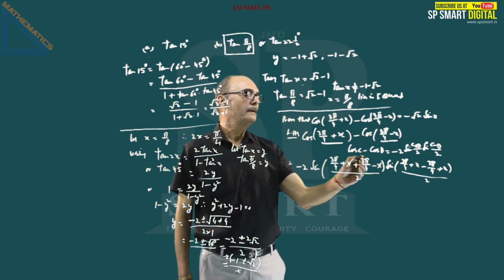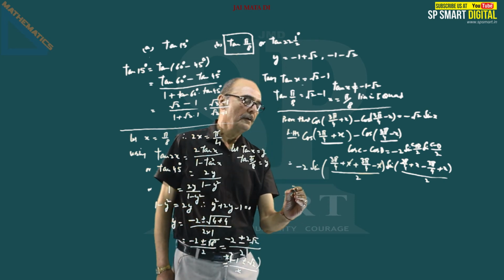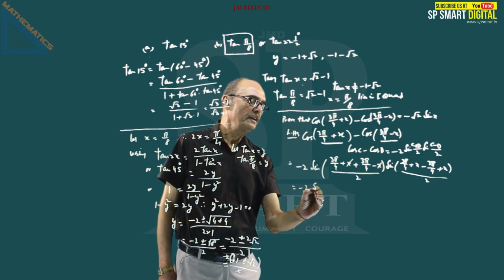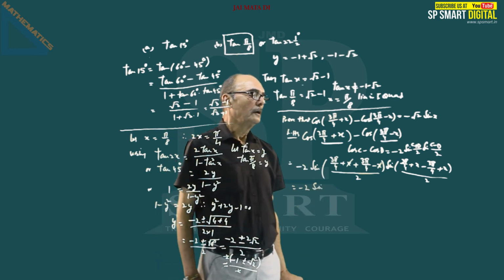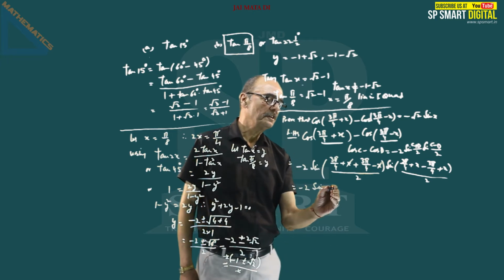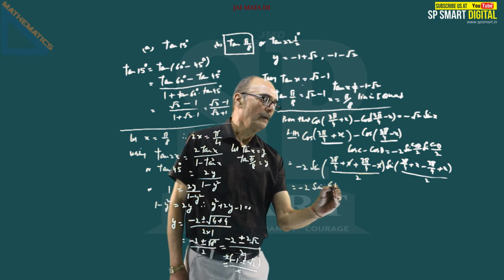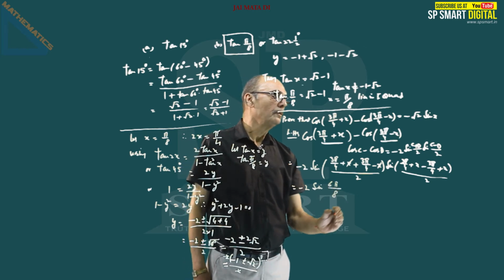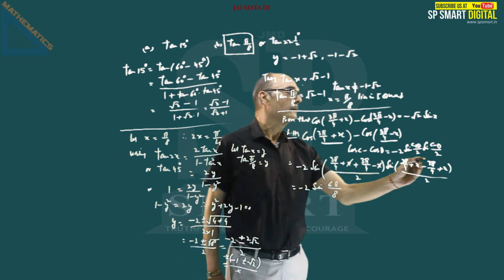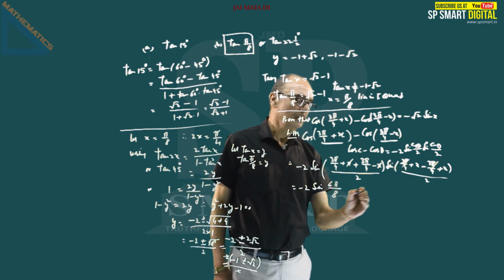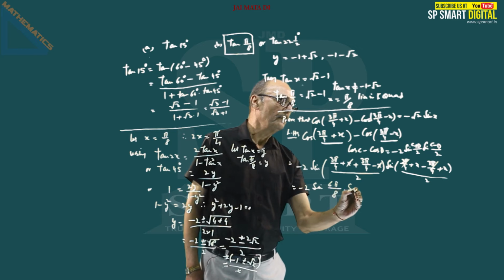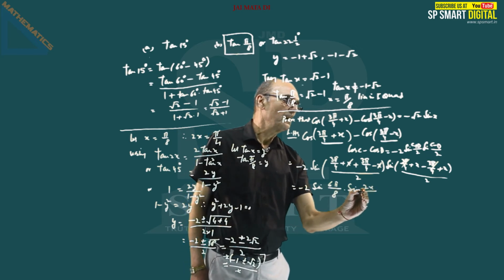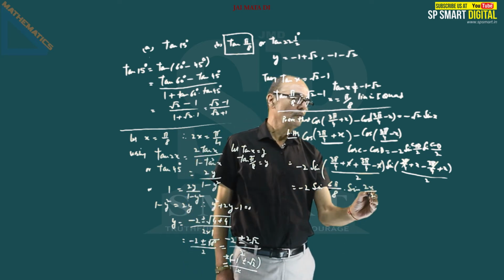So, 3 pi plus 3 pi, if you simplify, this will be sin of 6 pi upon 8, and here this will cancel out and this will be sin of 2x upon 2, 2 gets cancelled.